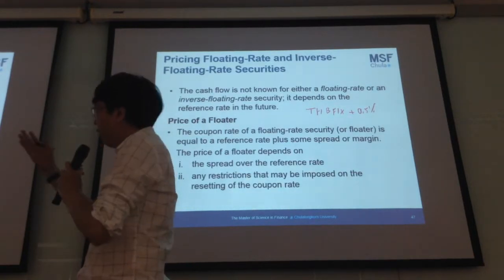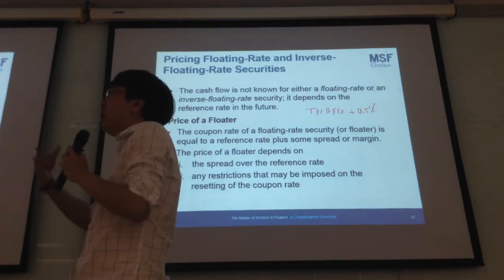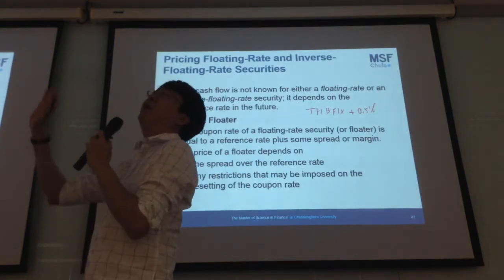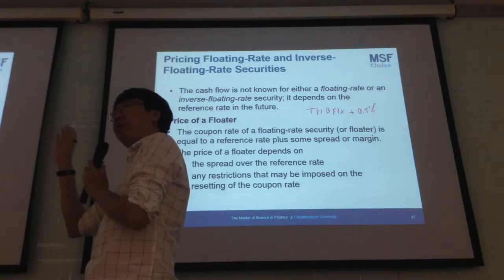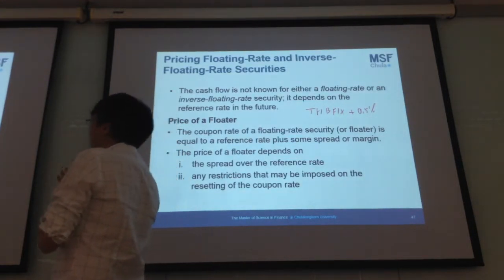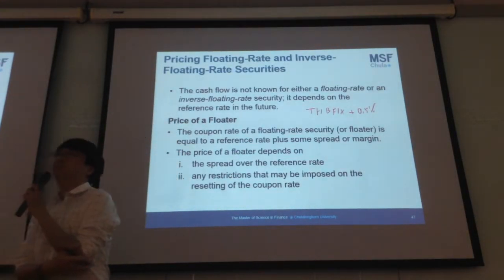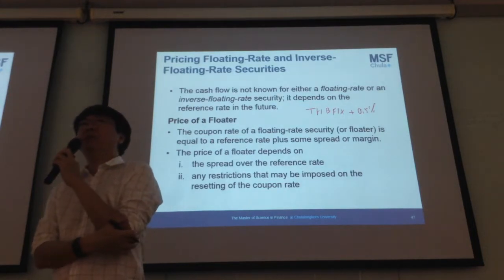Suppose you buy the floating rate bond. 1 year later, suppose that the market interest rate increases. How does the price of this bond change? Increase, decrease, unchanged?